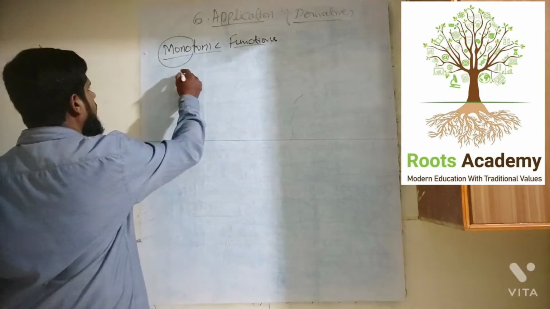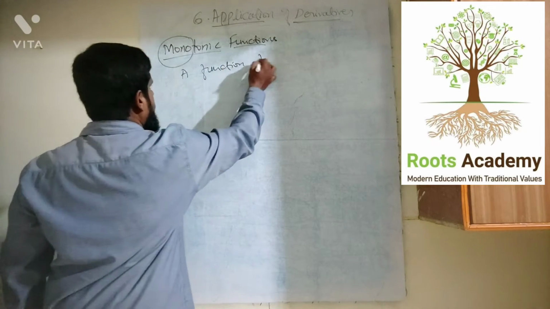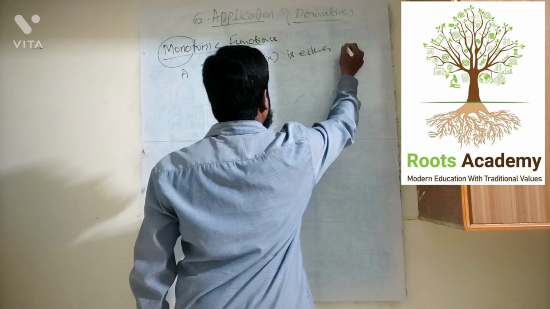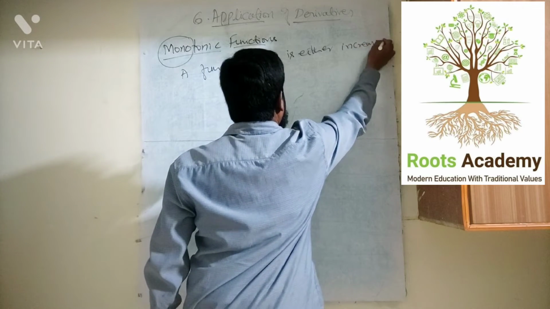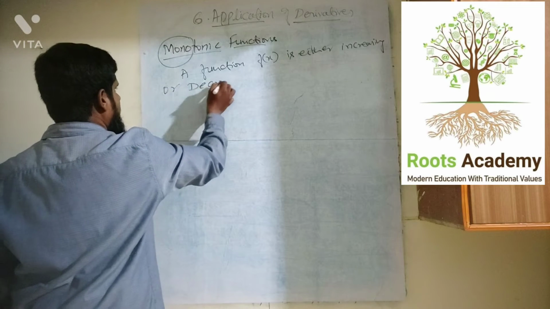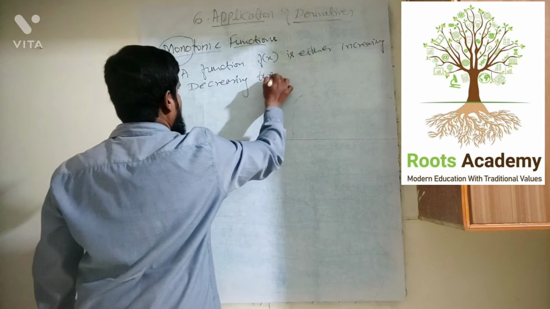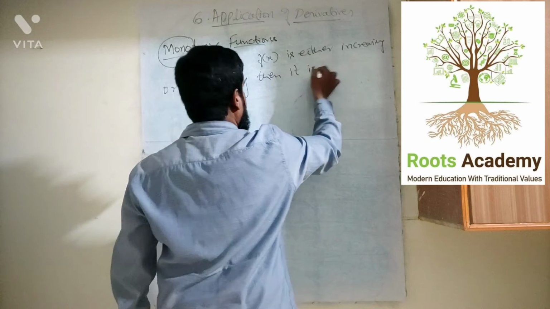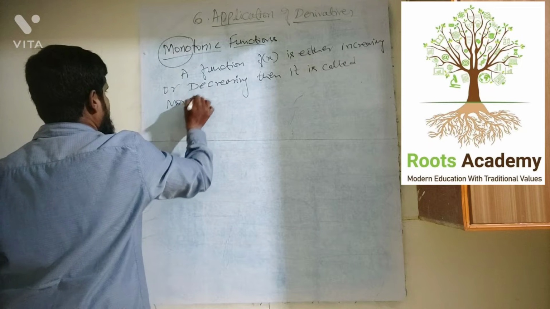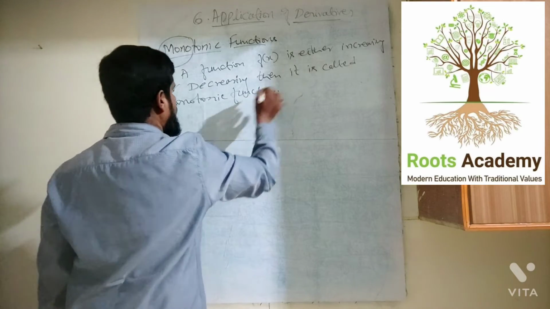That is, if a function f of x is either increasing or decreasing, then it is called a monotonic function.